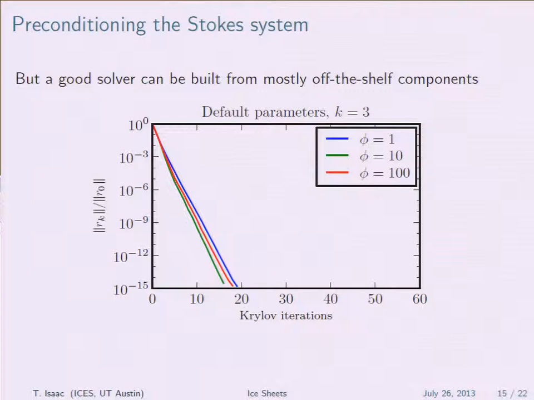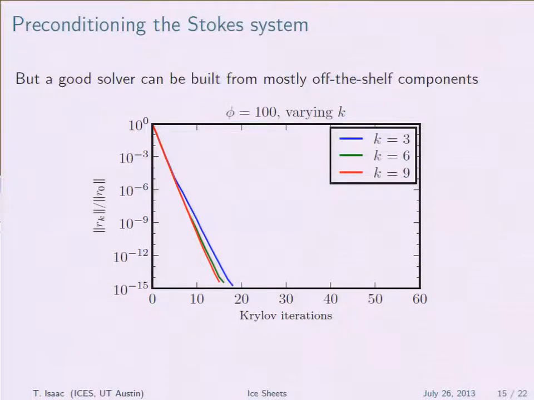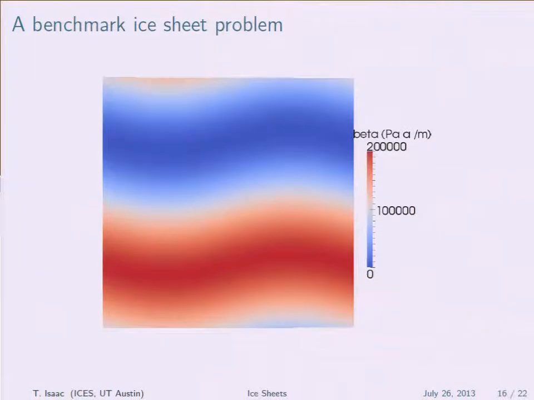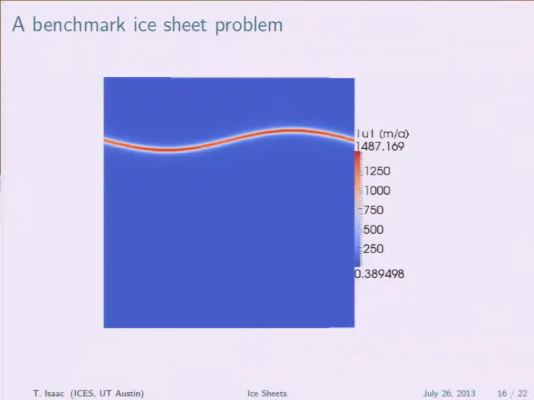But finally, if you make all the right decisions, you can find something where you can stretch your elements out so that the aspect ratio is 100 to 1, and the finite element order can go from 3 to 9, fine like that. Okay, so here's a benchmark problem where you see this nice smooth variation in the friction at the bottom, but because of the nonlinearity in the rheology, you develop this one thin region of fast flow like I showed you in the picture.